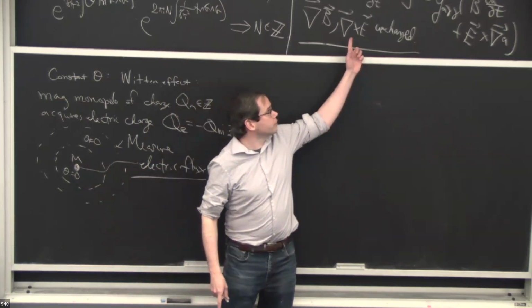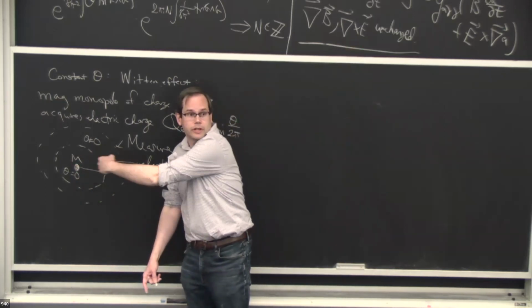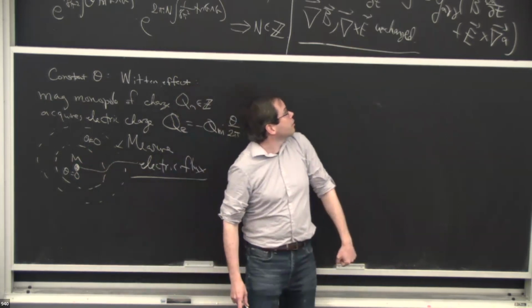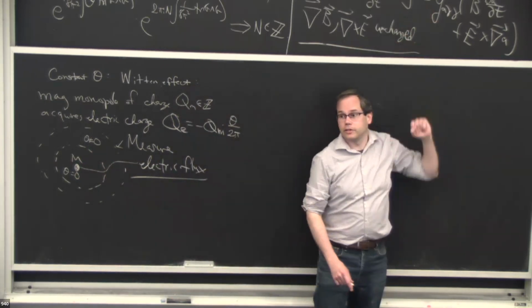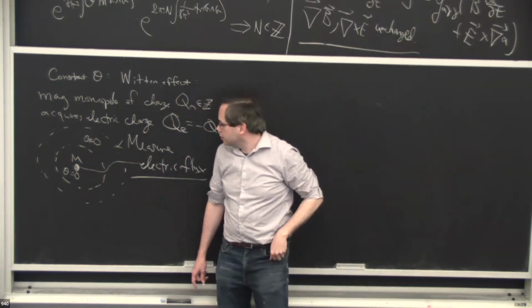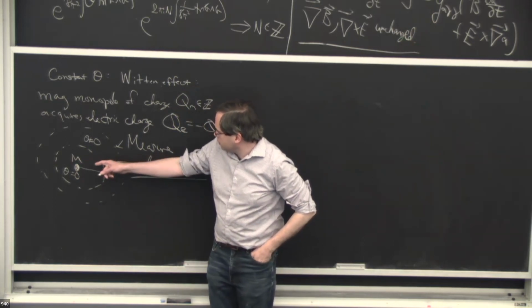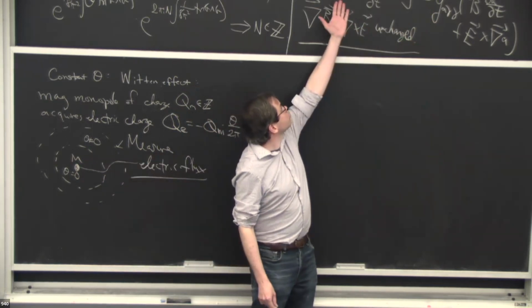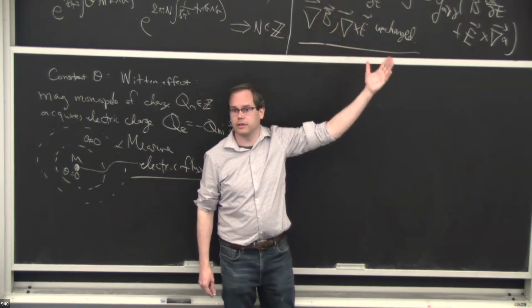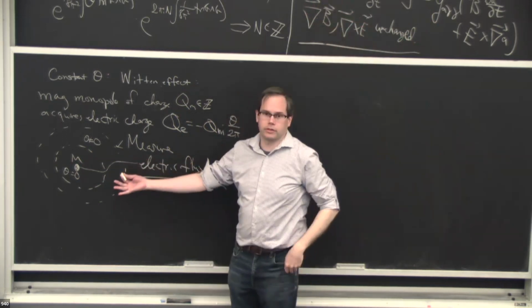And I have a B field coming from my monopole that's also radially outward. And so I have a B dot gradient of theta. And so that becomes a source that gives me a divergence of E, and that gives me an electric field.